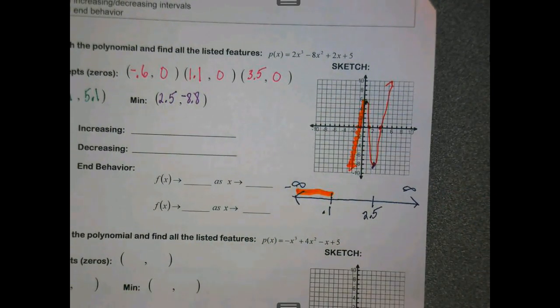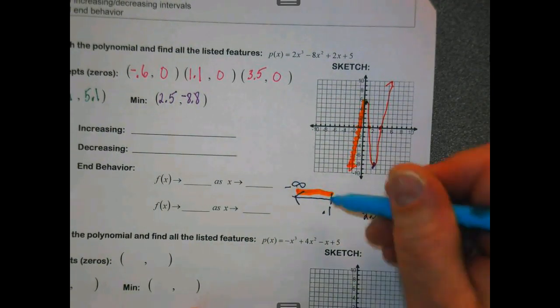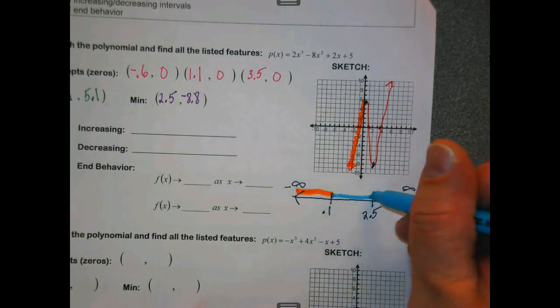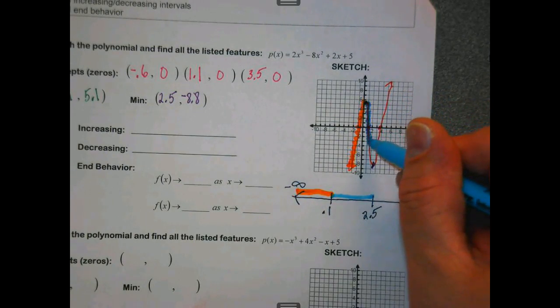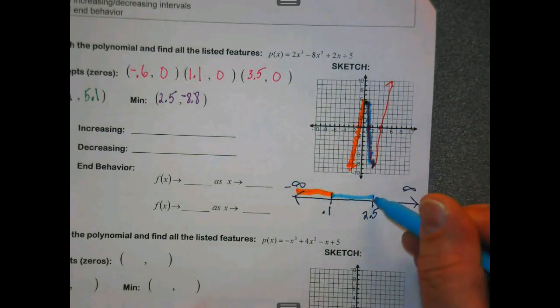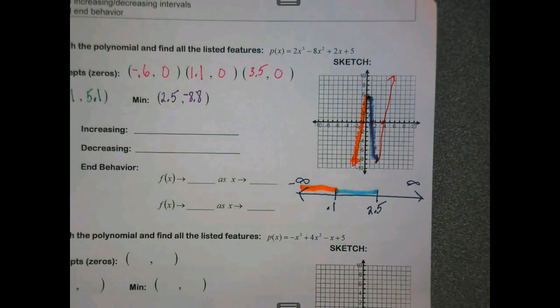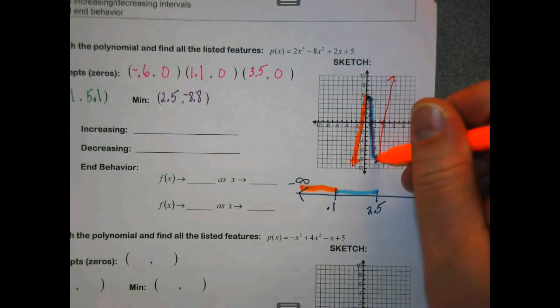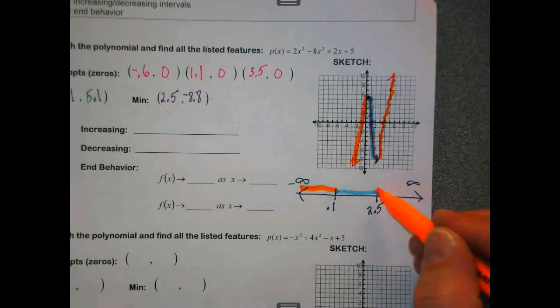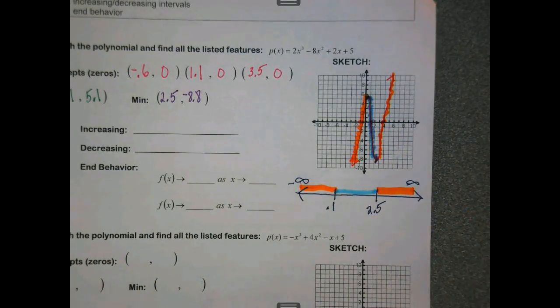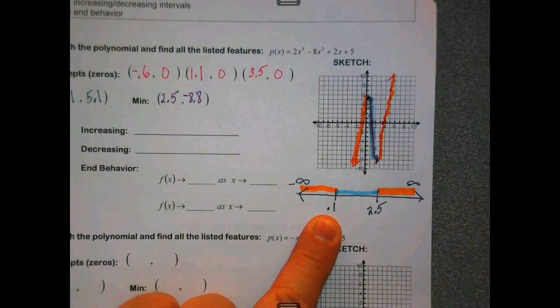Then it continues right where it left off, decreasing from x value of the max to x value of the min. Then it increases back from the x value of the min to positive infinity. This is a lot easier to get my interval notations right.